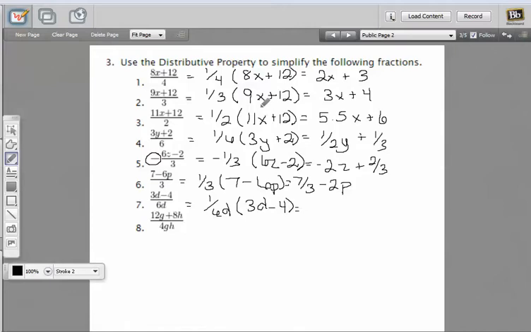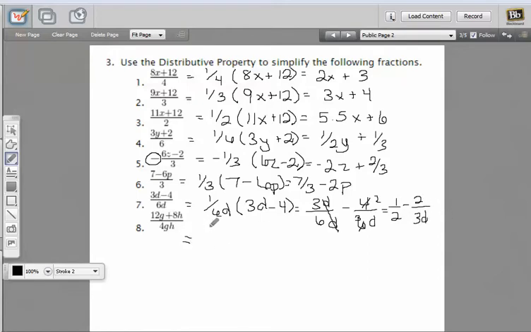And we might have a little bit of work here to do, so 1 over 6d times 3d is 3d over 6d, minus 1 over 6d times 4 is 4 over 6d. So that'll simplify to 1/2 minus 2 over 3d.